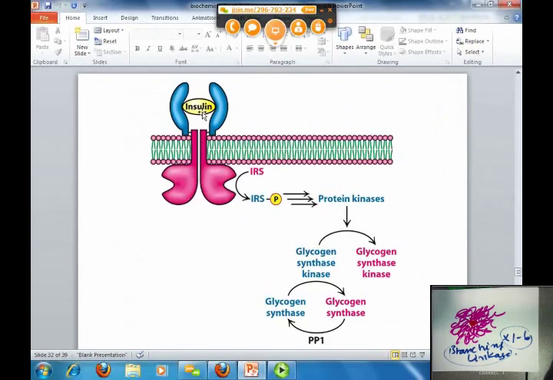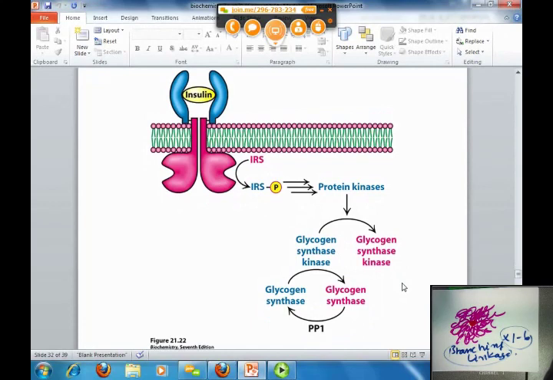Insulin, how will insulin act? If there is no insulin, what will happen? This reaction won't happen. Then phosphorylation by protein kinase converts glycogen synthase, and the glycogen synthase reaction is going to be more of a glycogen synthesis process. If you have more insulin, it will induce the glucose to activate the glycogen synthase reaction, and glucose may be stored.